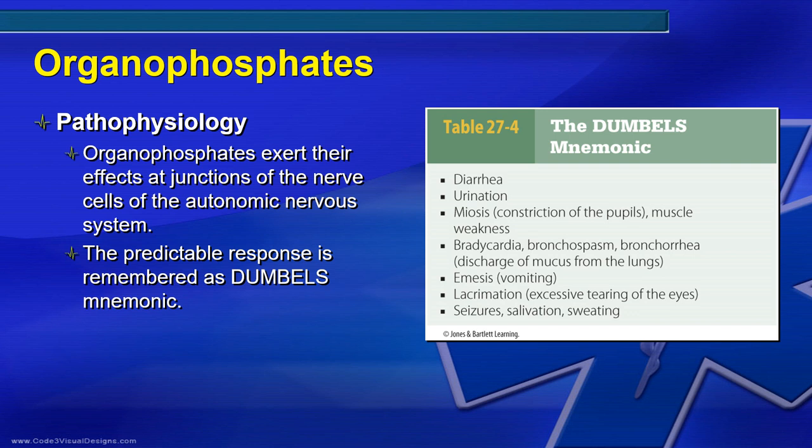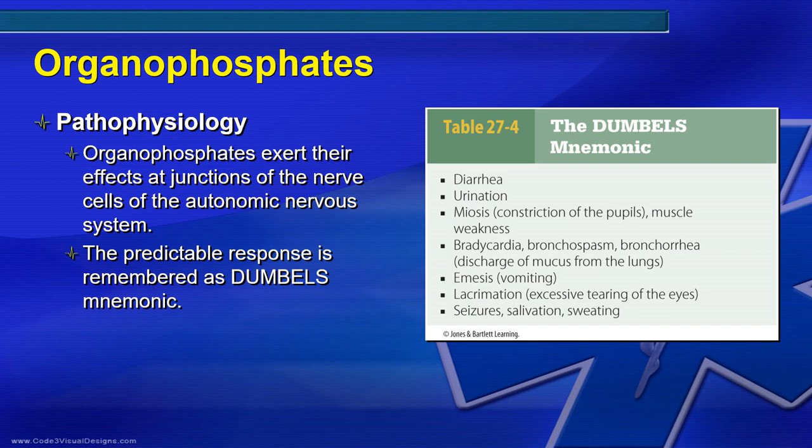Organophosphates and carbamates are potent inhibitors of acetylcholinesterase, which serves to terminate synaptic transmissions. This termination creates an abundance of ACh in the central nervous system and the peripheral nervous system, and the muscarinic and nicotinic receptors become overstimulated, and this is where you're going to see a predictable response, cholinergic effects.